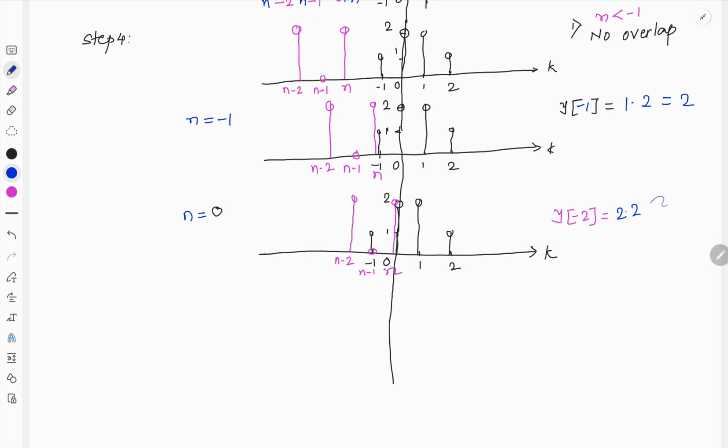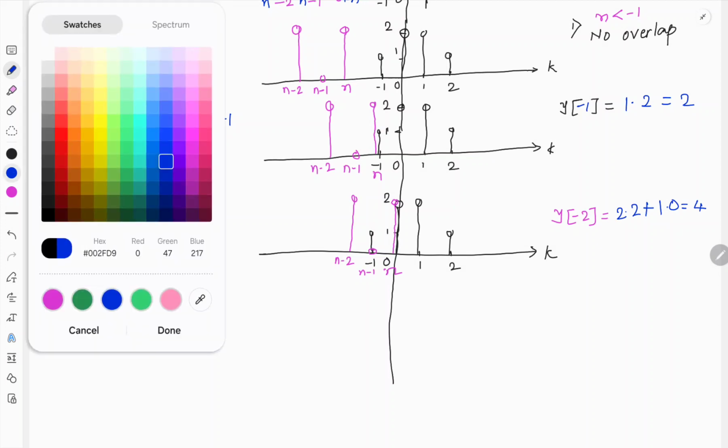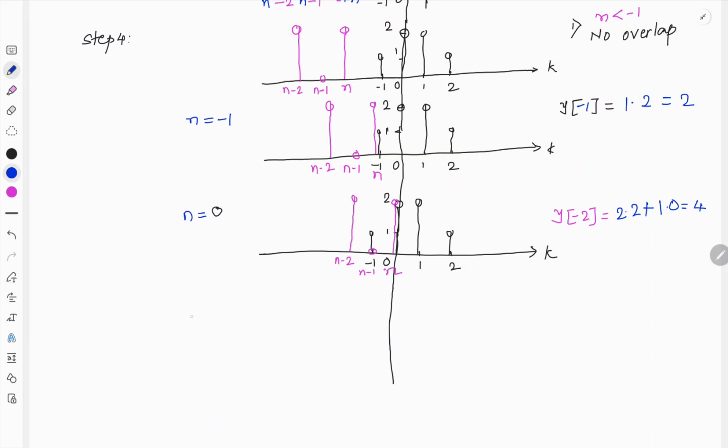The value of the sample of x at minus 1 is 1 and the value of h at minus 1 is now 0. So 2 into 2 plus 0, it becomes 4. Similarly, now the value of n will be incremented, so n equal to 1. So again draw both the signals in the overlapping form.